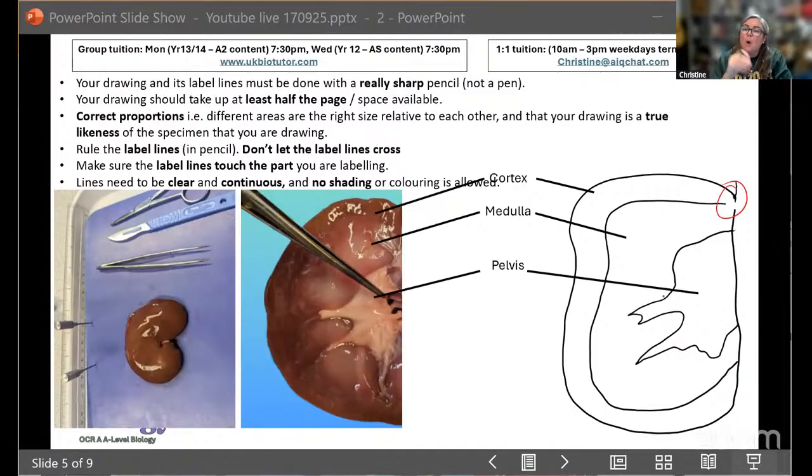Your diagrams also need to look like what they do in the picture that they've provided with you. So many students try and draw these perfect diagrams that they've memorized and drawn time and time again from a textbook, but that's not going to help you get the marking points for the exam. So it's important to draw what you see, not what you think you should see.